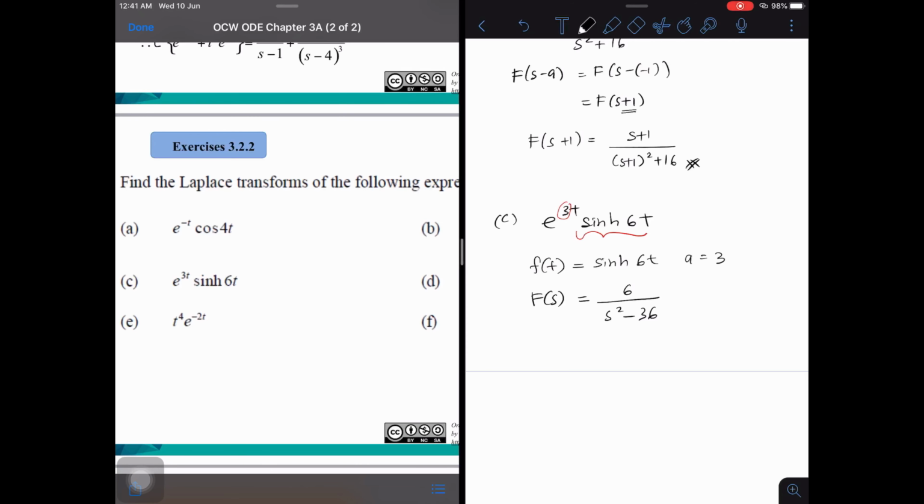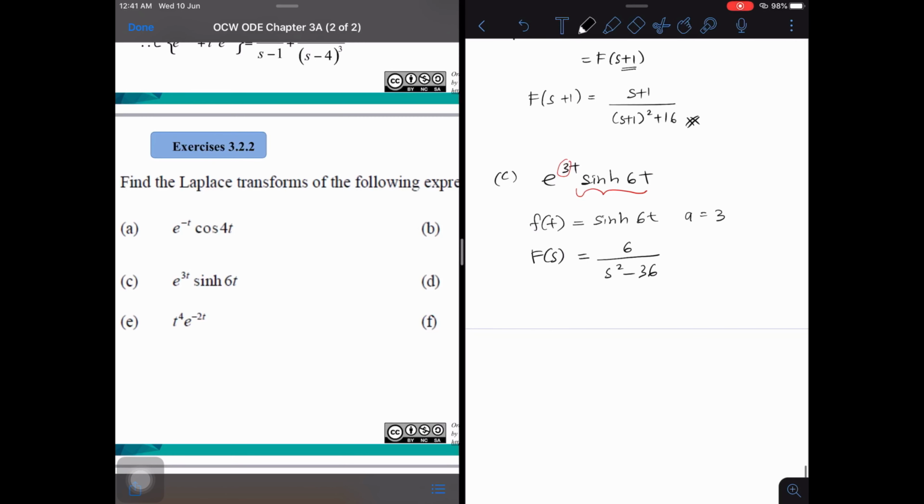Now, because we want to use the first shift theorem to find the Laplace transform of the whole function, we want to find f(s minus a), and here a is equal to 3. Therefore we want to find f(s minus 3). How to find f(s minus 3) is very easy. You just need to replace all s in your f(s) with s minus 3. Therefore you will have 6 over (s minus 3) to the power of 2 minus 36. This is the solution.